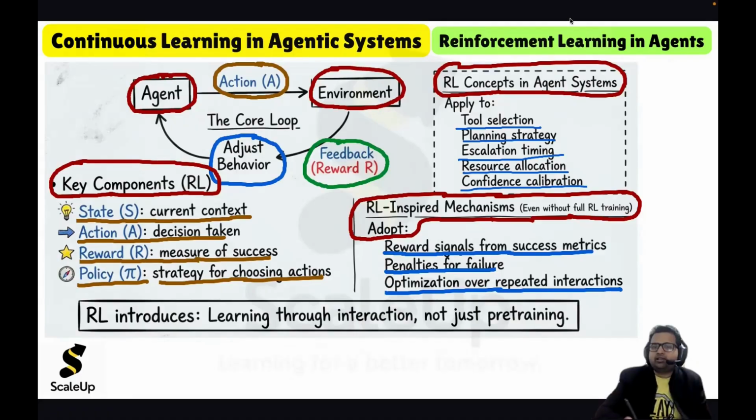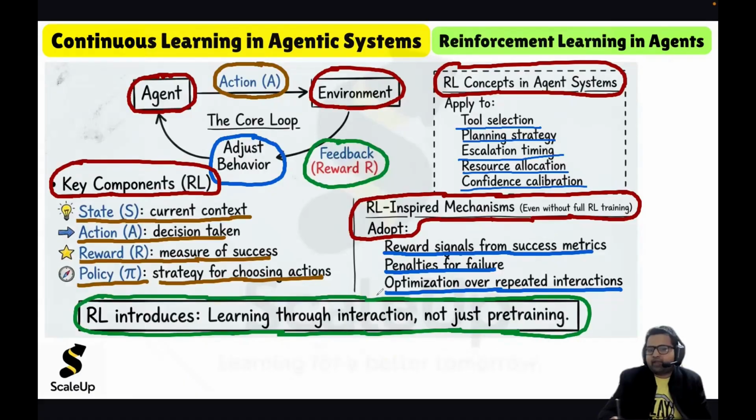So the idea is reinforcement learning introduces learning through interaction and not just pre-training. Definitely any agentic system, any agentic AI application, will be making use of the foundation model, and the foundation model is pre-trained. That is for sure.